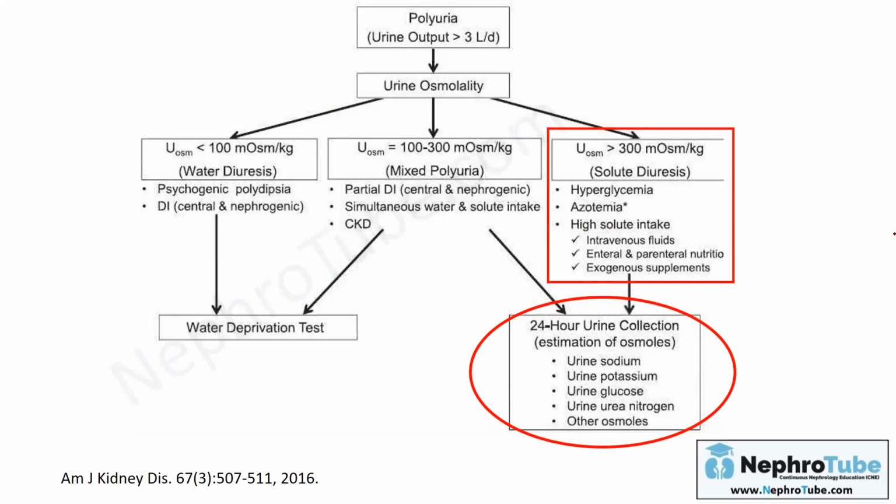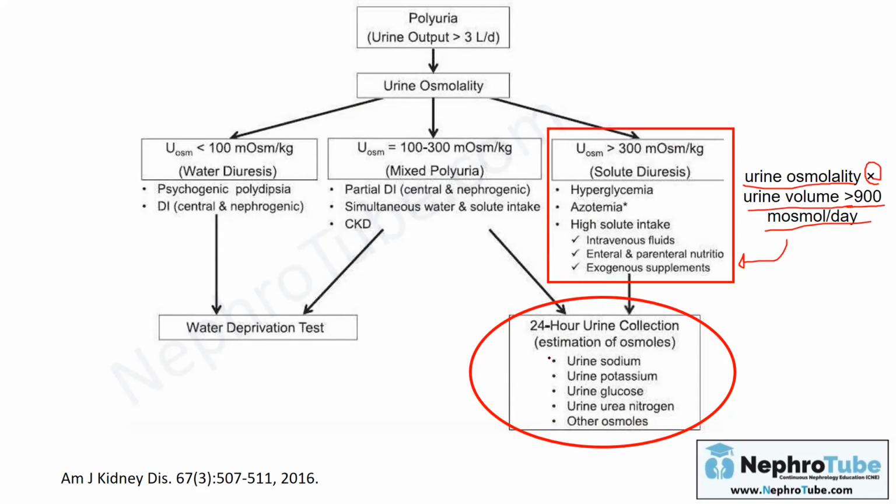As I will show you now in the equation, if the urine osmole excretion per day is more than 900 milliosmol per day, this will diagnose a high solute intake. How do we calculate the osmoles per day? You have to measure the urine osmolality and multiply it with the urine volume.